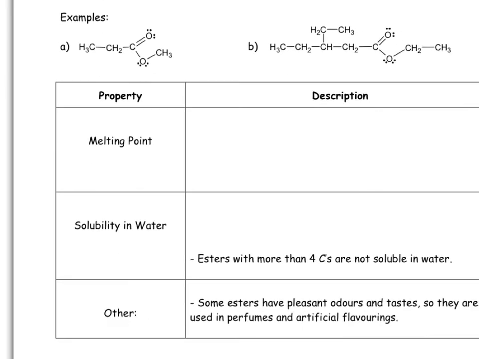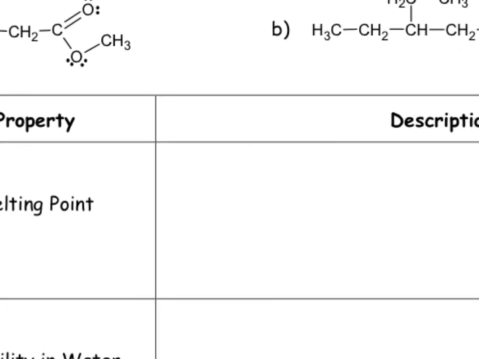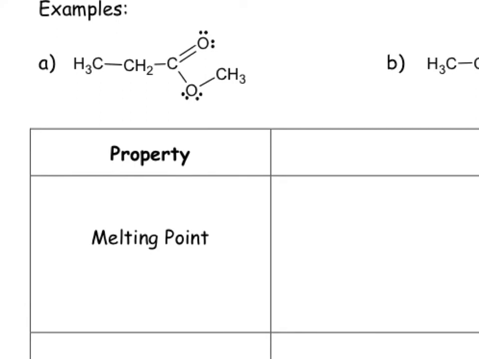Here are some examples. Here's my COC double bonded O ester functional group. The piece of carbons attached to the double bonded O becomes my main chain. Because it's 3 carbons long, I have a prop. They are all single bonded, so this used to be propanoic acid if there was an H here instead of a methyl group.